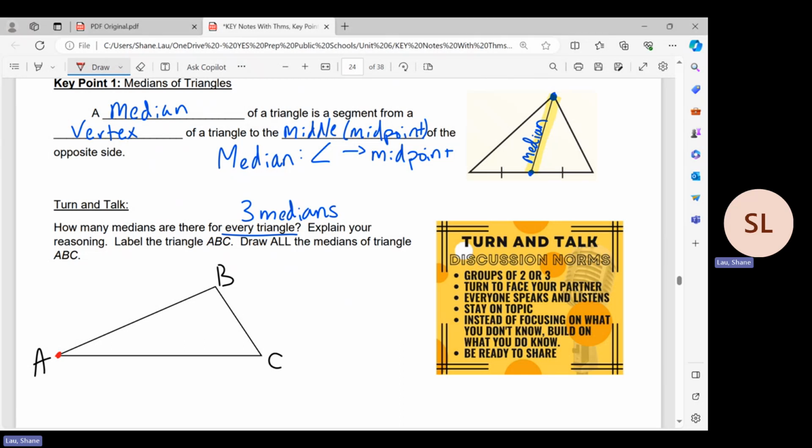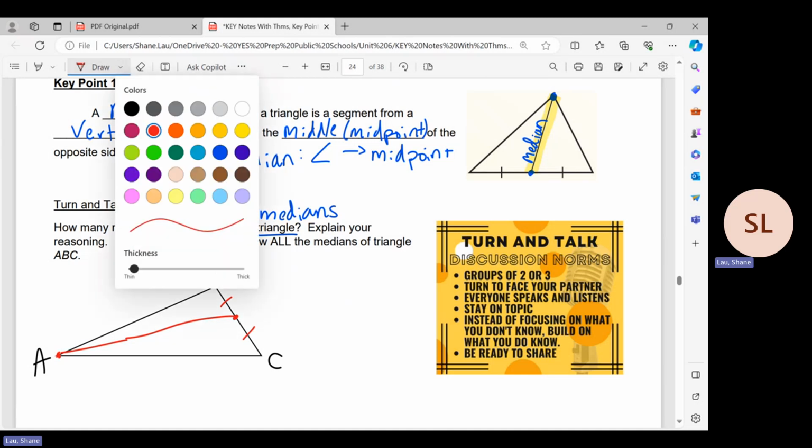So looking at this figure, the opposite side to angle A is going to be away from angle A. So we're going in that direction, which means that side BC must be the opposite side. And so if we're going to erase this a little bit, we start at A, we go to BC. There it goes. Like so. And that's our median. But because we know that this point in between B and C is the midpoint, we know that these are congruent as well.